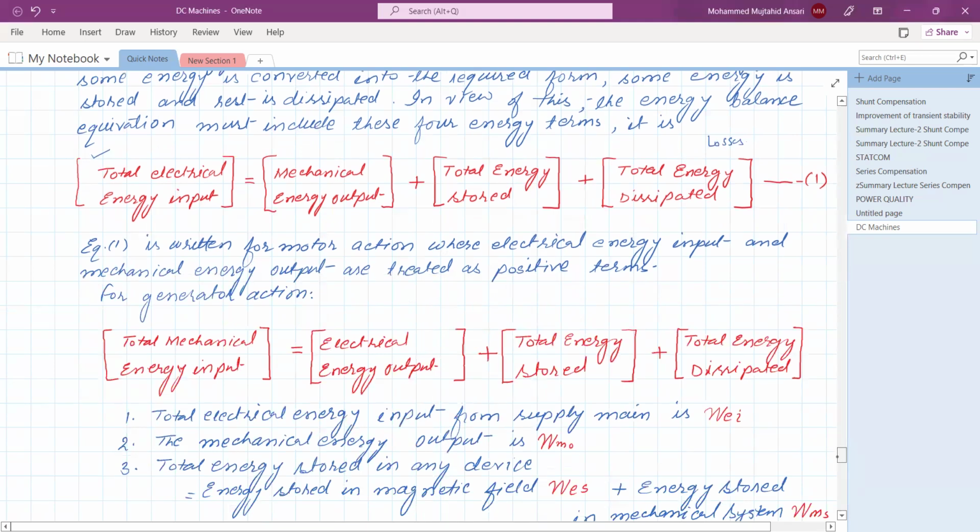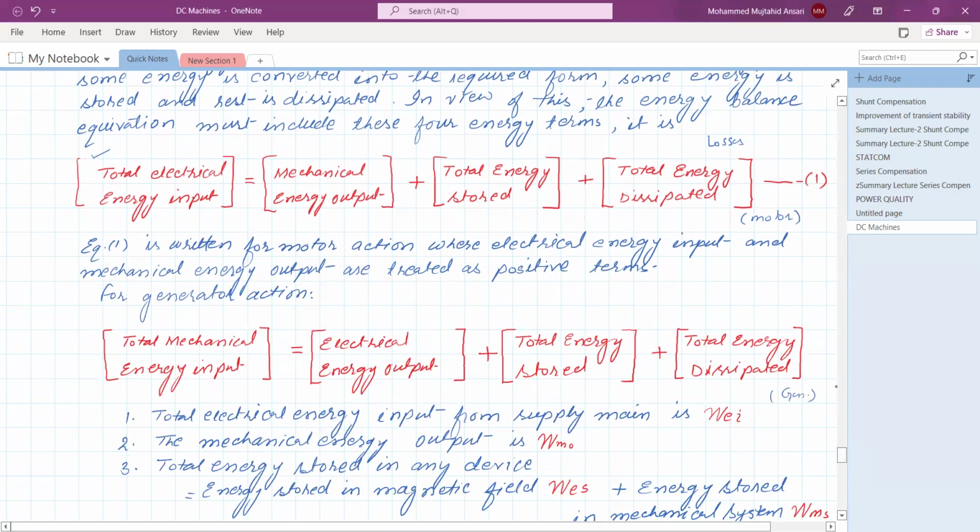So this equation 1 is for the motor because we are converting electrical energy into mechanical energy. Vice versa, we can write it for the generator.